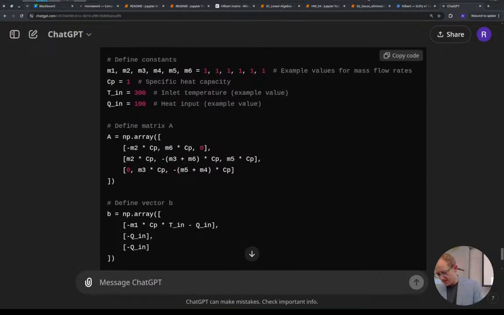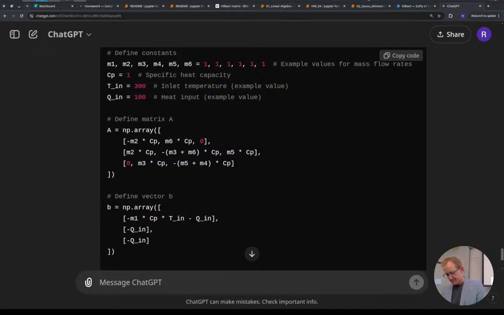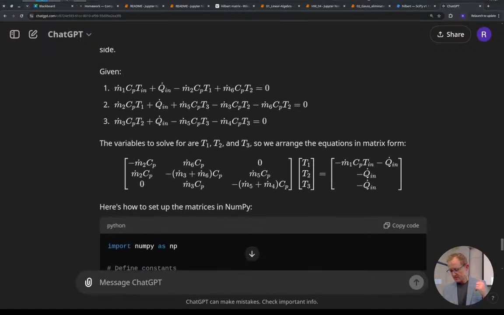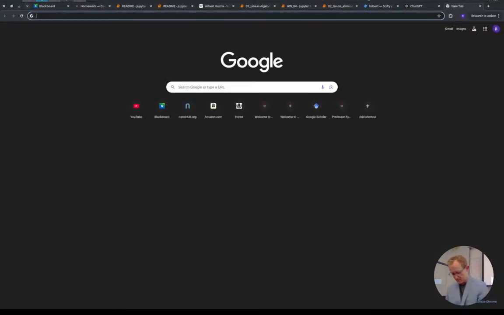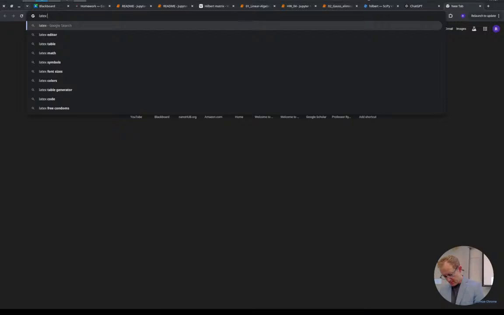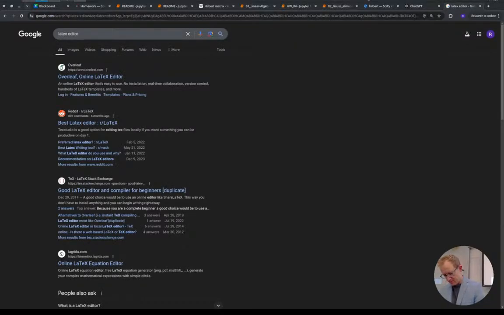Yeah, so now I even have the NumPy array. So if you can write out your equations in LaTeX, which has become the standard for writing equations, and there are LaTeX equation editors now.